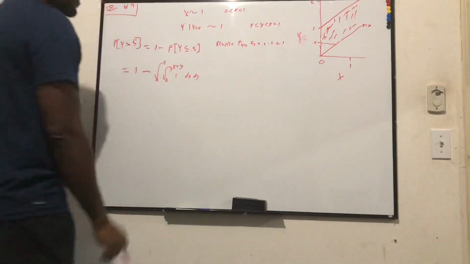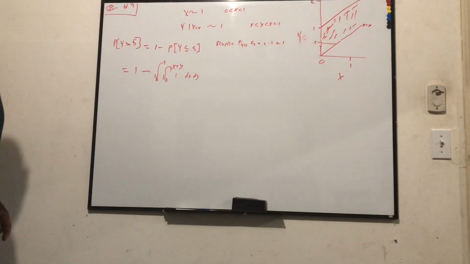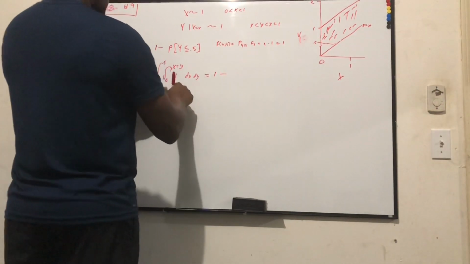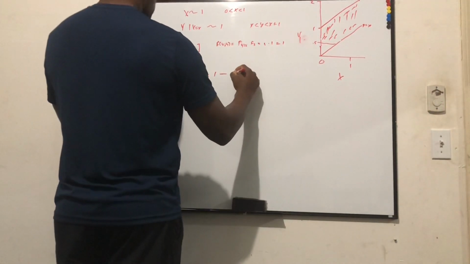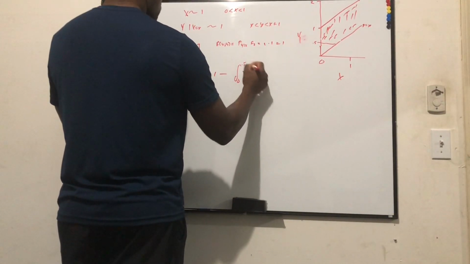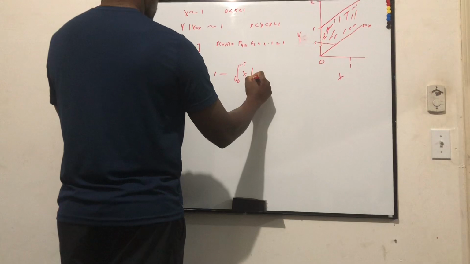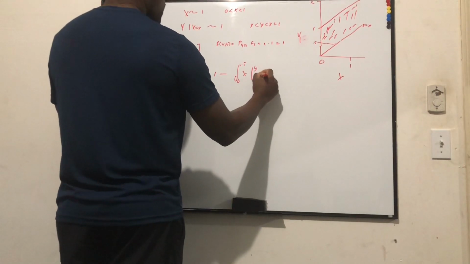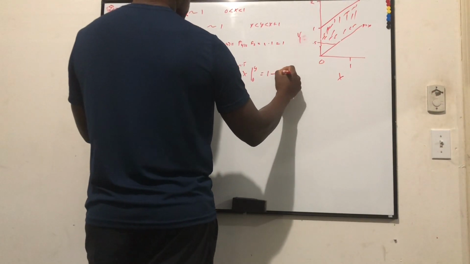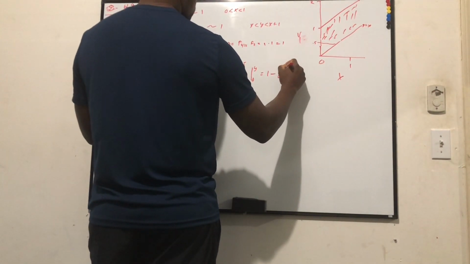Sorry, I'm a little tired today, but this should work. Right, so let's integrate that. That'll just be an x there, right? And then we're integrating it between 0 and y. Then we just throw that in there.